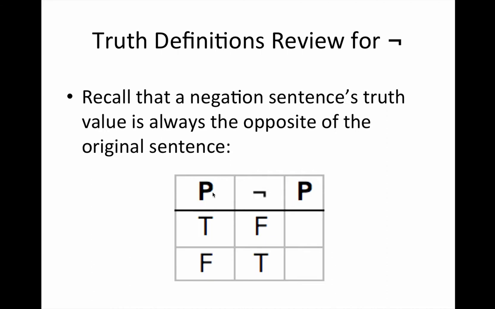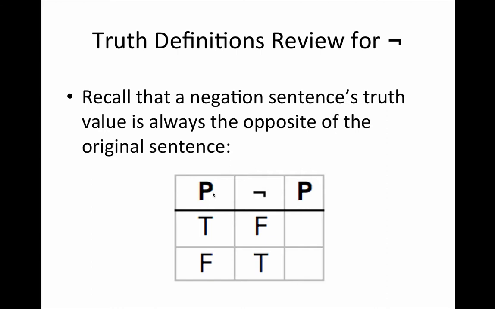So as a reminder, the truth definitions for the negation are as follows. When some sentence P is true, the negation of that sentence is false. When some sentence P is false, the negation of that sentence is true.